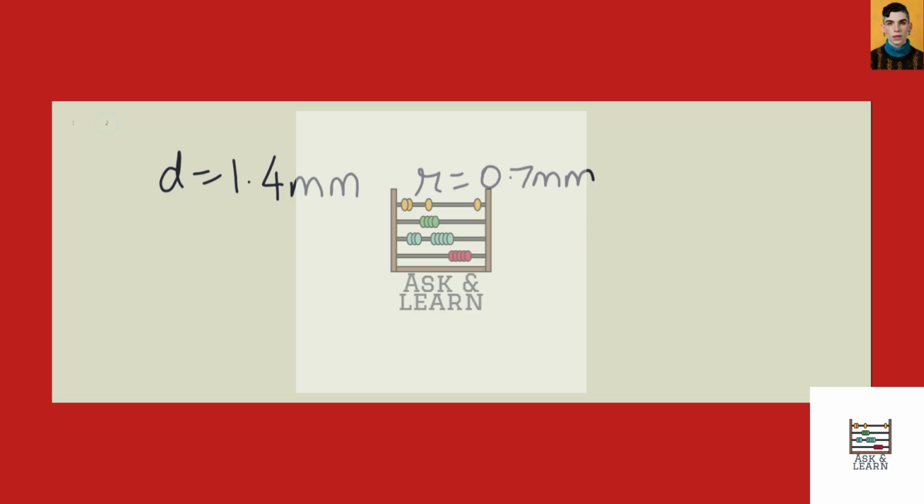So the diameter is 1.4 millimeters. This means that the radius is going to be 0.7 millimeters, since diameter divided by 2 is radius.